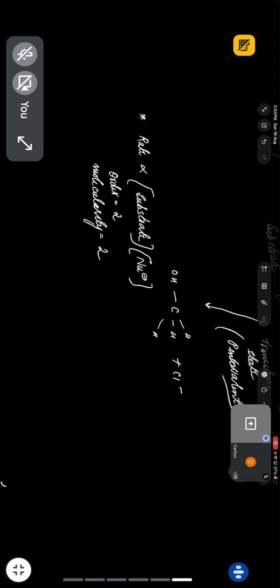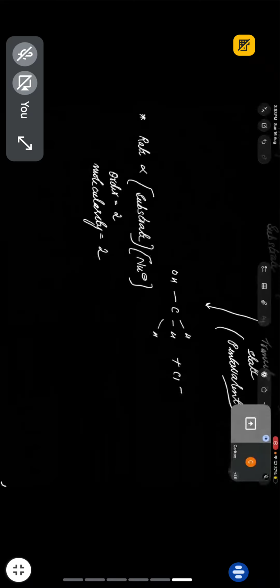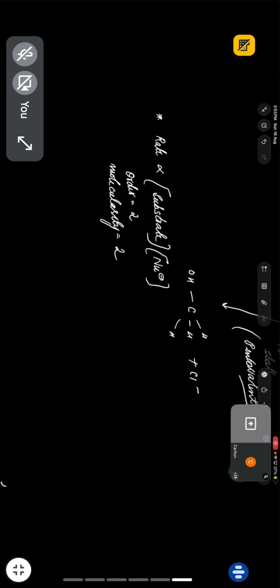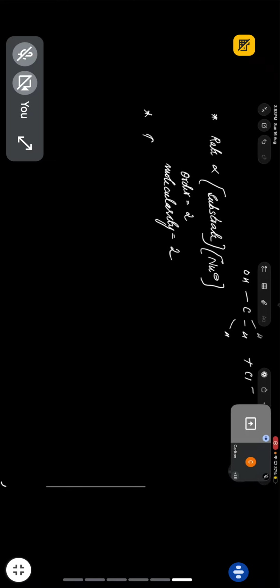So in SN1, SN2, the 2 does not stand for the steps. The 2 stands for molecularity or order. Any doubt? Is there an intermediate? No, there's no intermediate. There is only one transition state, and the transition state is pentavalent. Clear? Now continue writing. Now write down reactivity of alkyl halides.